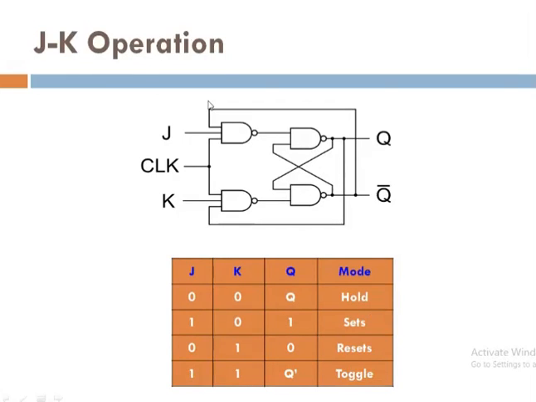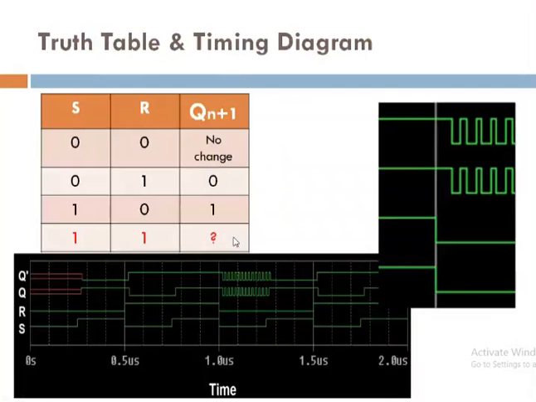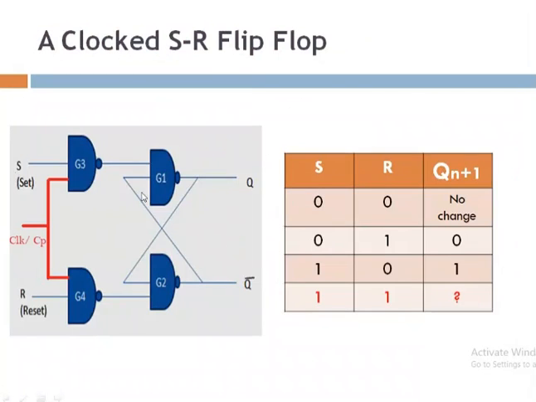Now this is a JK flip flop, and there is a change. In the SR flip flop, if you recall the clocked SR flip flop, this is the circuit diagram for it. Here you can check the SR flip flop. One additional part here is the feedback connections coming from this one.